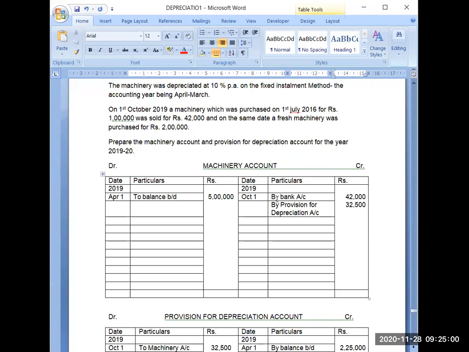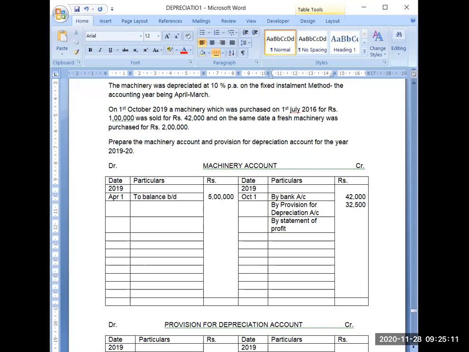Now we can write this loss here by statement of profit and loss, 25,500.